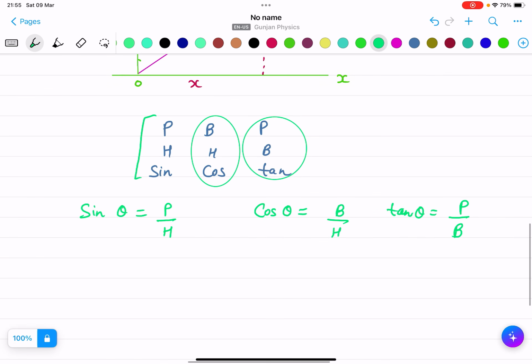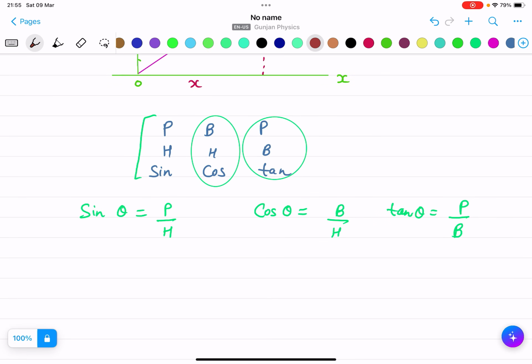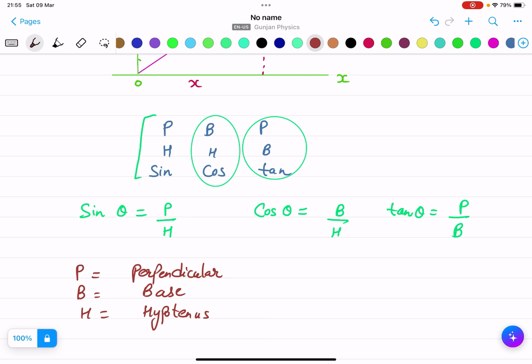So what are P, B and H? You all have studied that in mathematics. P is perpendicular, B is base, and H is hypotenuse. The way we remember is, these are our Hindi words.